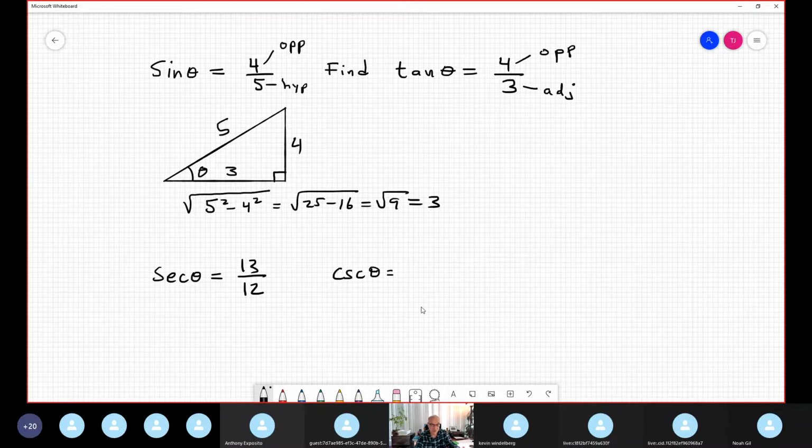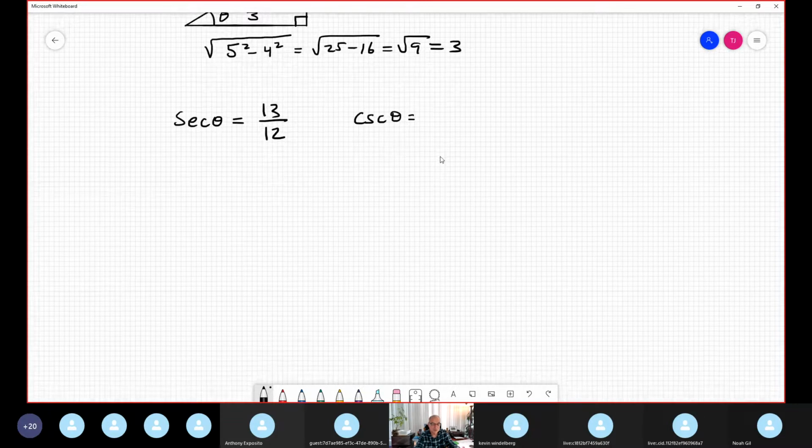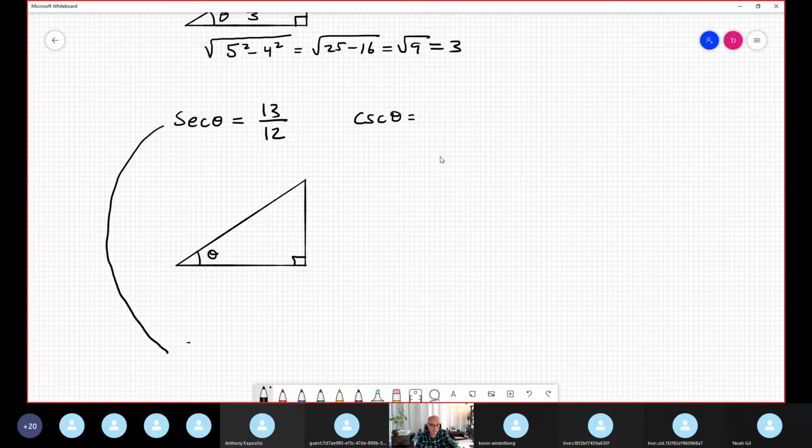Okay, I have no idea, totally lost. There are many ways to do this. Okay, you draw the triangle, of course. I call this corner theta, always. Now secant, I have no idea. However, I know that secant is the reciprocal of cosine.